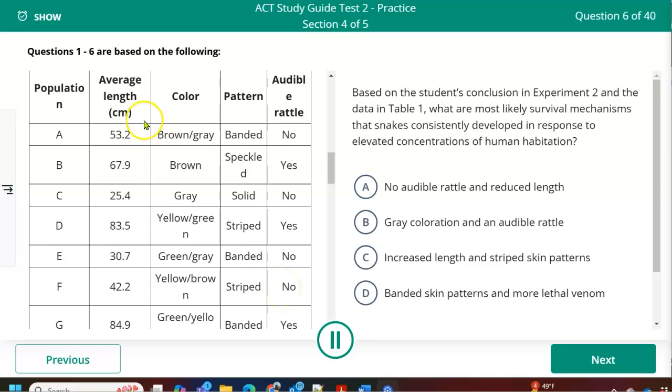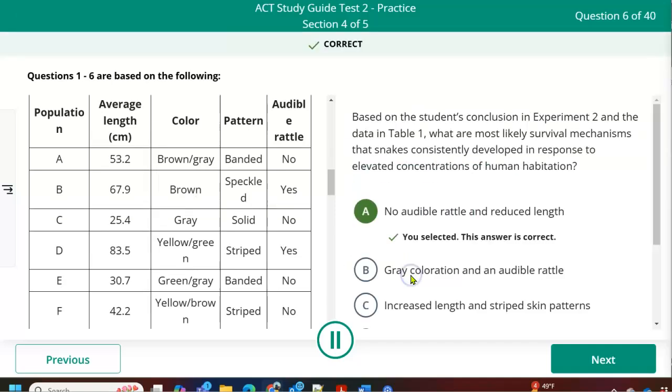Reduced length. These are the smallest snakes, 53, 25, 30, 42. The others are bigger, 84, 83, 67. So what it looks like is the snakes in populated areas have no audible rattle and reduced length.